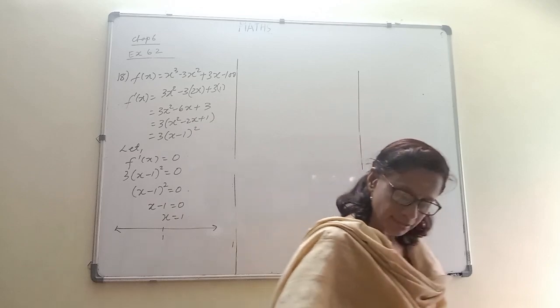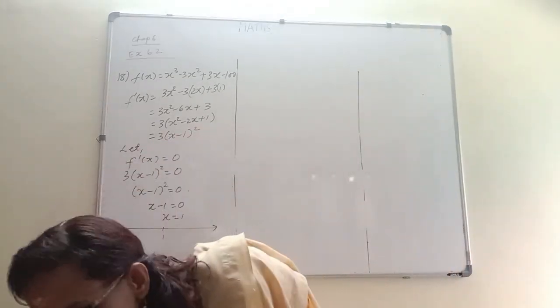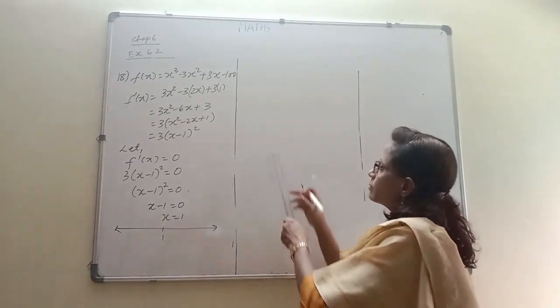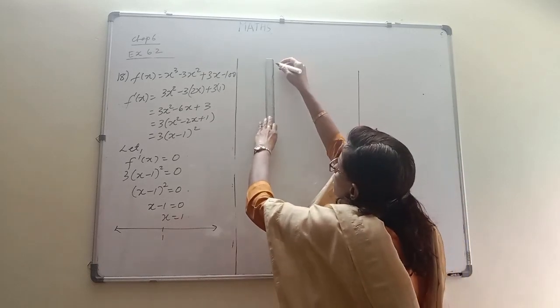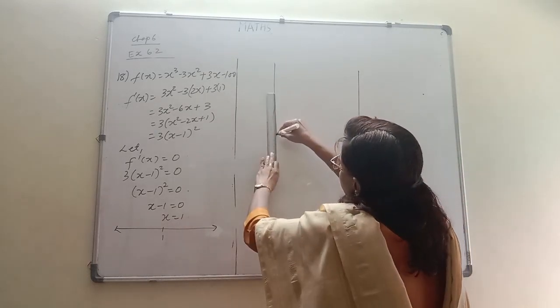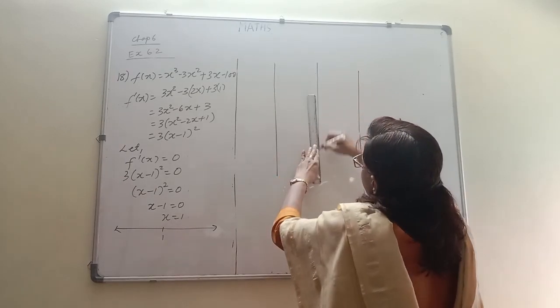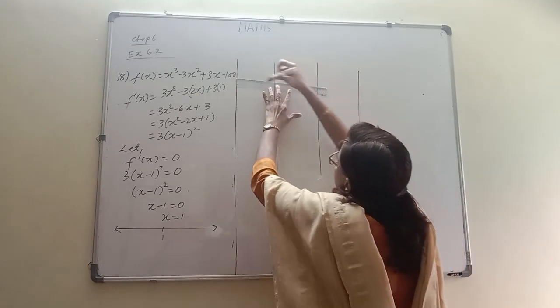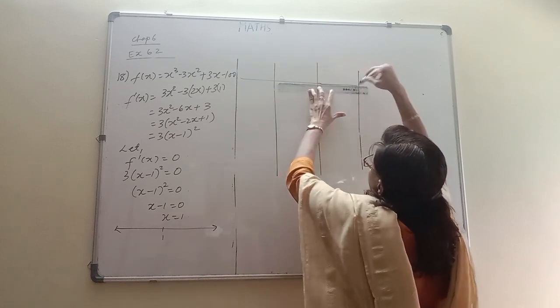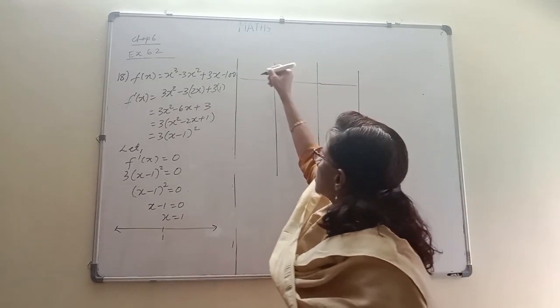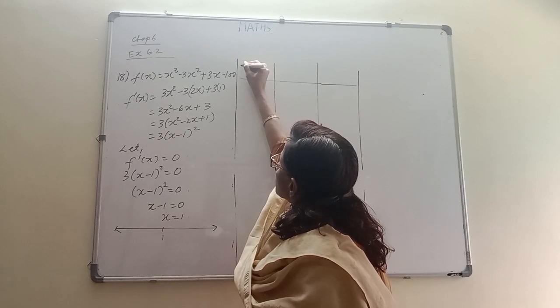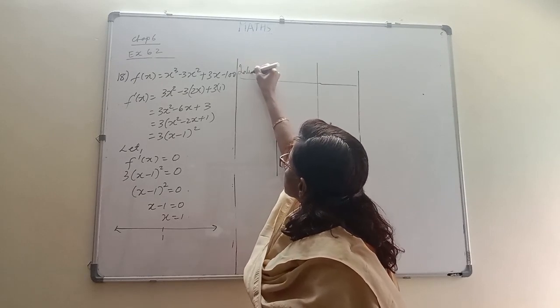Then in that case, let's check how it behaves and what happens. So as usual, let's take our table. Intervals.